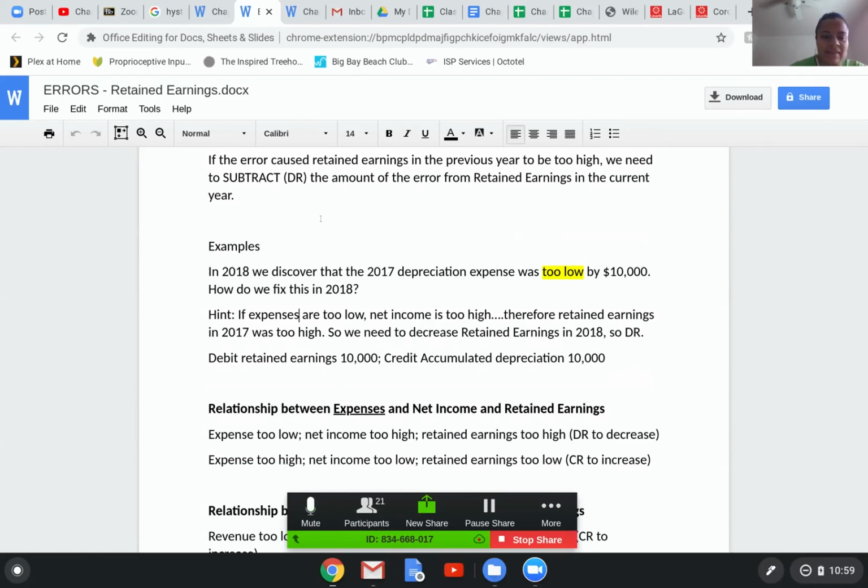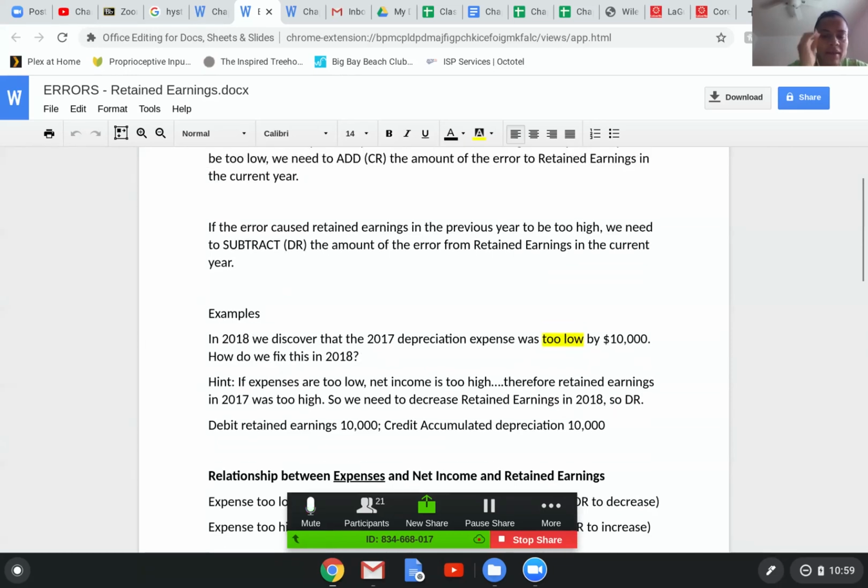In 2018, listen to this example now. In 2018, we discovered that the 2017 depreciation expense was too low by 10,000. So let me ask anybody, if depreciation expense was too low, then what happened to net income? Would it be too high or too low?